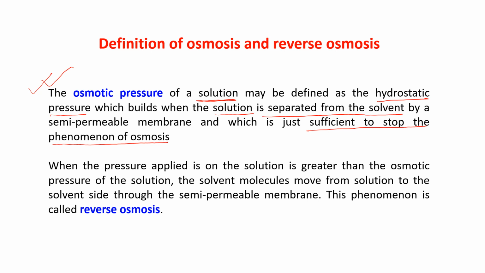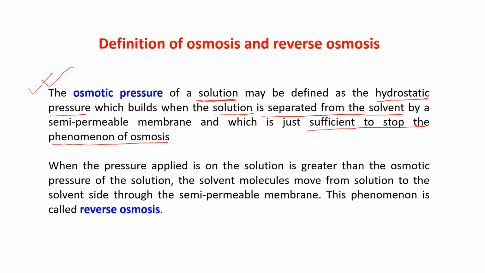Now why is it happening? Because the osmotic pressure and the hydrostatic pressure of the solution are both equal, balancing each other. It means that the concentration on both sides, the solvent side and the solution side, becomes equal. So the process of osmosis stops.